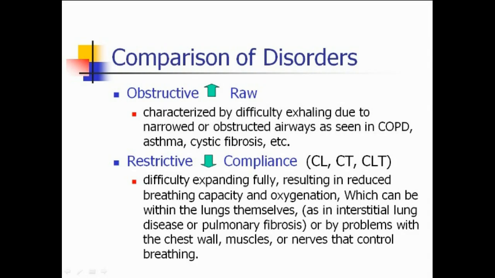This can occur within the lungs themselves, such as within interstitial lung diseases or pulmonary fibrosis, which makes the lung tissue harder to expand, or with problems with the chest wall, muscles, nerves that control breathing. So you have this limitation, you just can't get the air in but the tissue, the lung tissue itself, is okay.